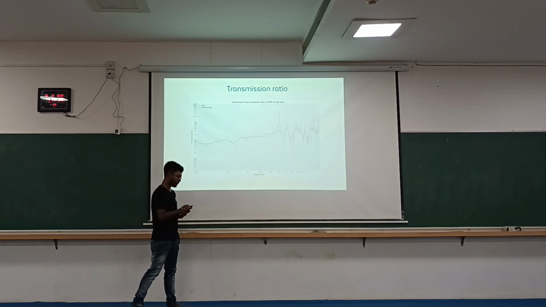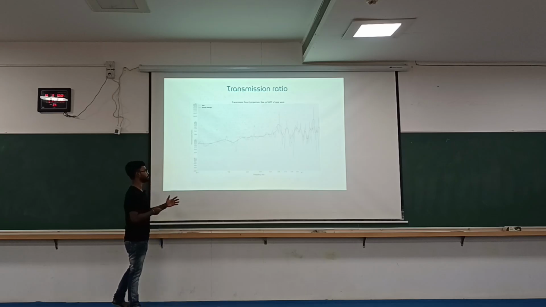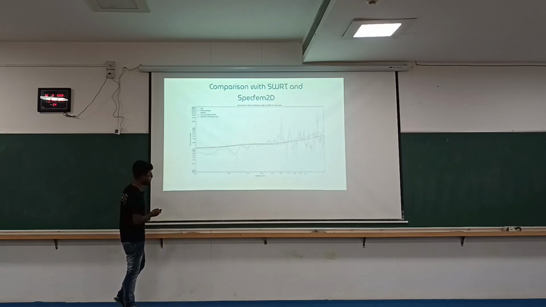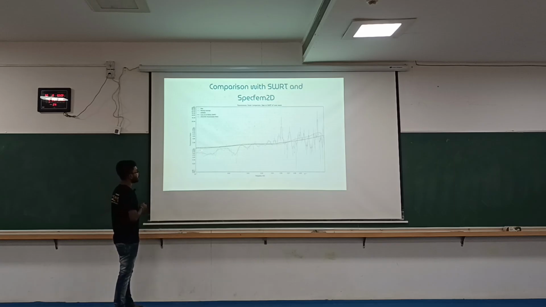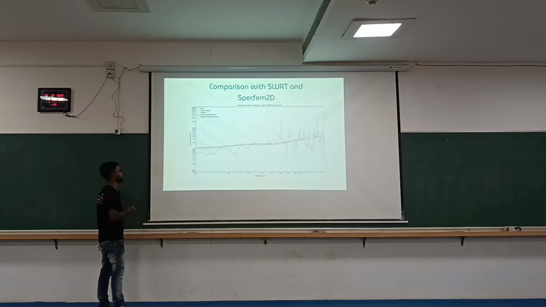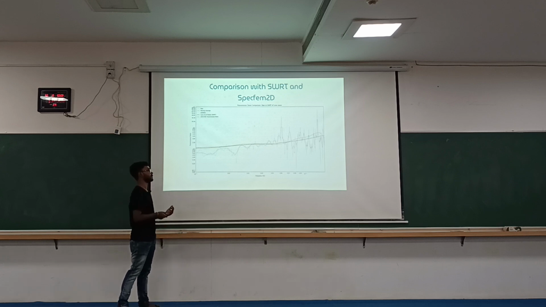If we compare it with our SWRT and the spectrum results, this is actually my final result. The red dotted line is the sum of all the modes of the SWRT results of the transmission ratio, and the green one is the spectrum result. The spectrum is just to verify whether the SWRT results are good or not.